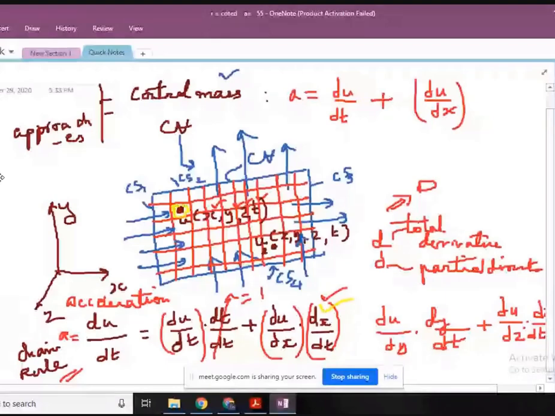There is no fixed limit for a control volume, only the concept of continuum should be satisfied. That's all we have to be careful about. It can be a big control volume, it can be an elementary control volume, all are control volumes.